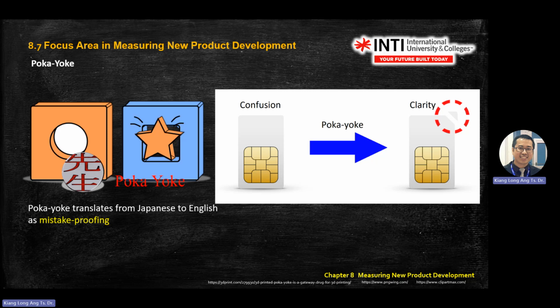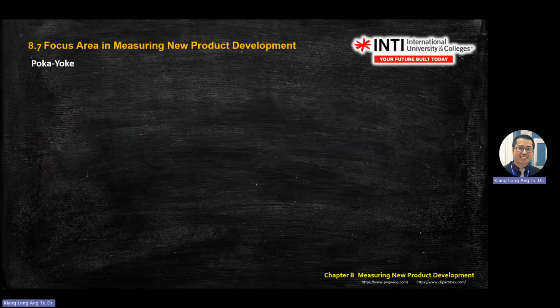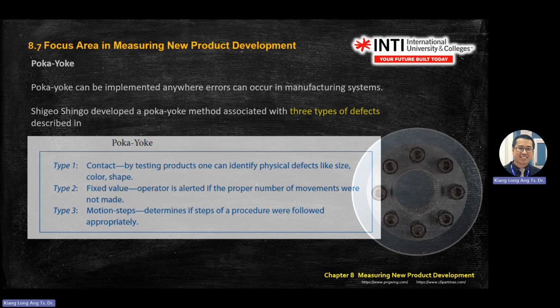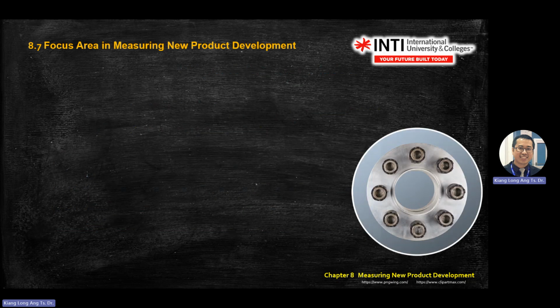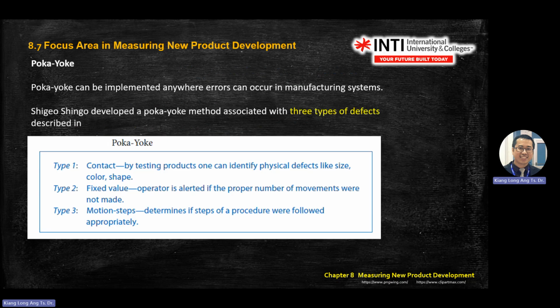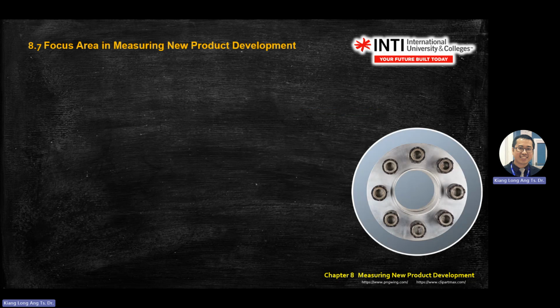For example, your SIM card will have one corner here so that you know which side to put inside. Your ATM card, your debit card, is also the same. For example, how you implement Poka-yoke in production or in your design.